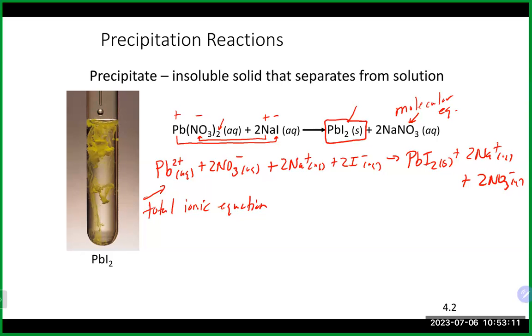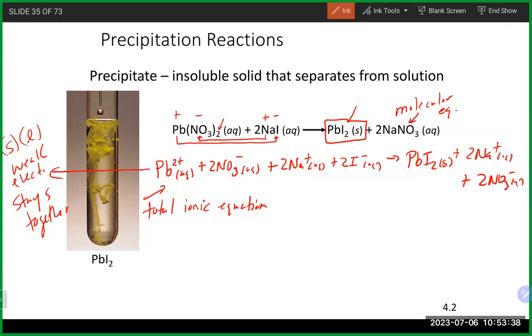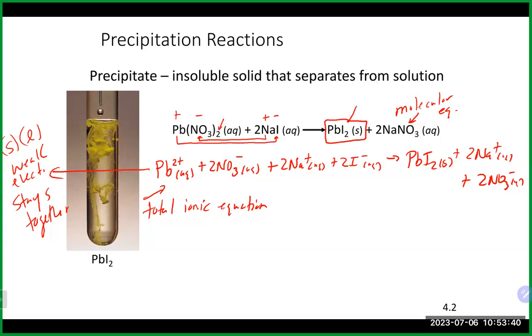And as I mentioned before, you do not break apart anything that's a solid, anything that's a liquid, anything that's a weak electrolyte, or a gas in most cases. So anything that's a solid, a liquid, or a weak electrolyte stays together. Now, when we look at a total ionic equation or complete ionic equation, you should always be able to find ions on both sides of the arrow that look exactly the same.